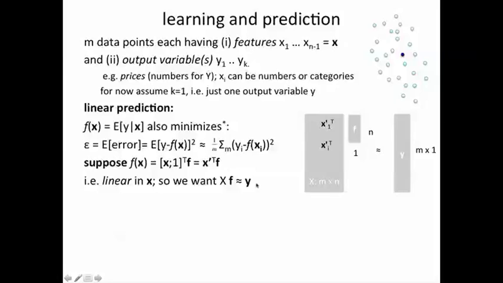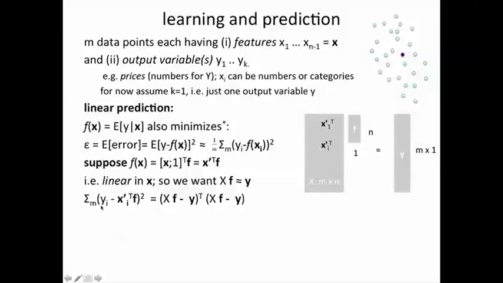We want to find f that approximately matches this equation. And we're going to do that by minimizing the difference between x transposed f and y sub i for each of these data points by taking the sum of the squares. That's what we decided earlier.